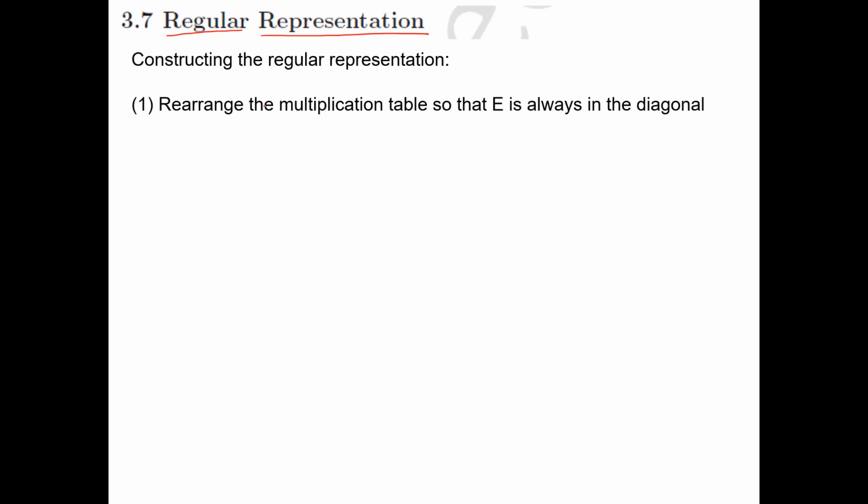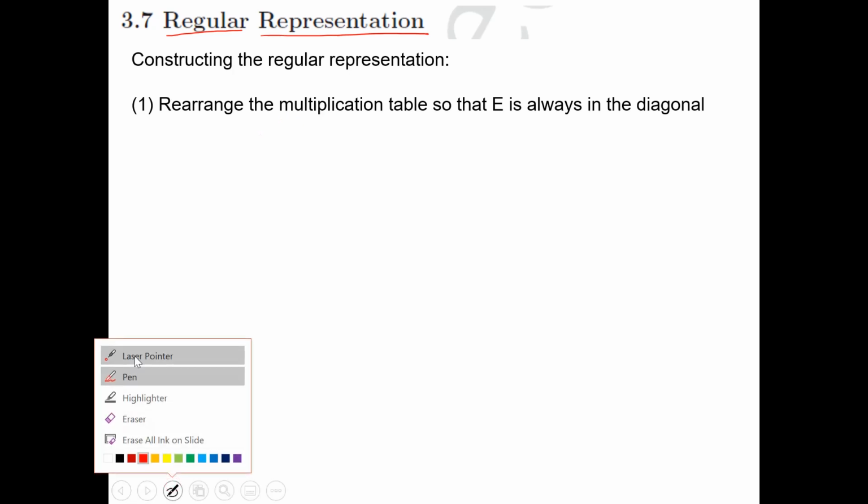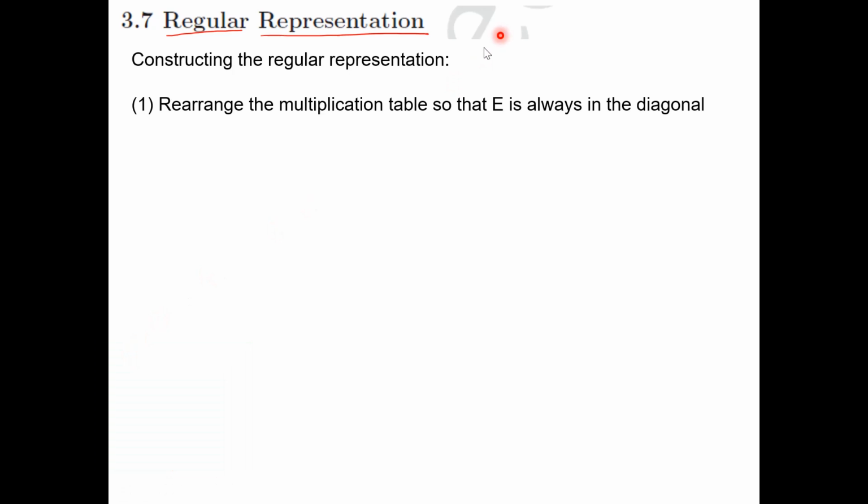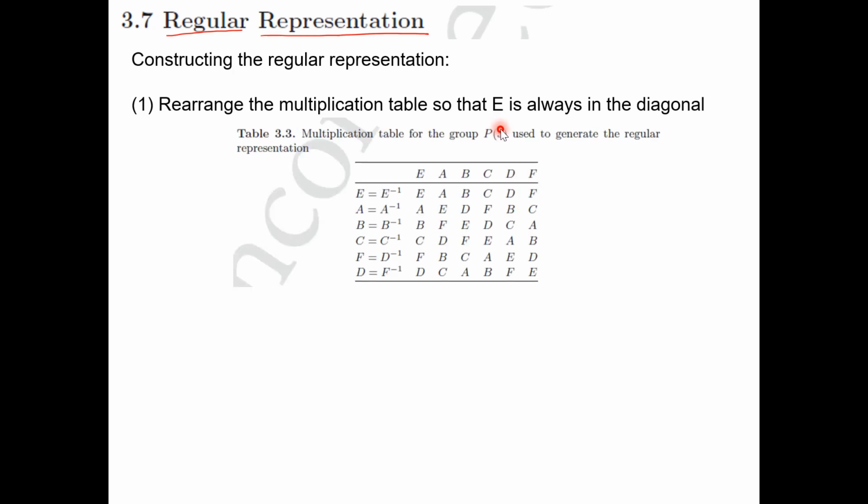You take a group, you take the multiplication table of the group, and you rearrange the rows and columns so that the identity element E is always on the diagonal. Let me do it by example using the P3 group.